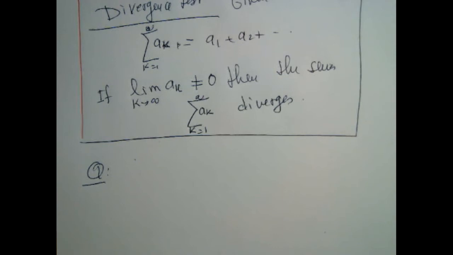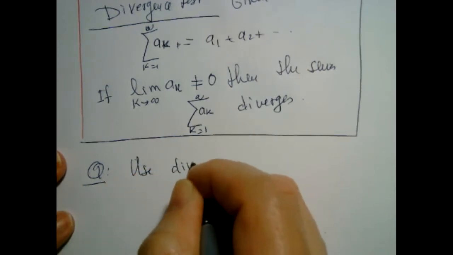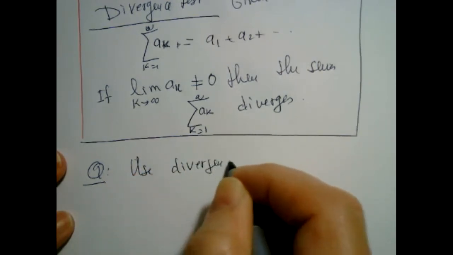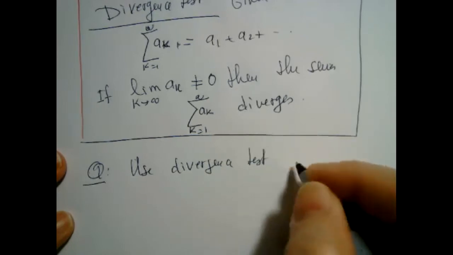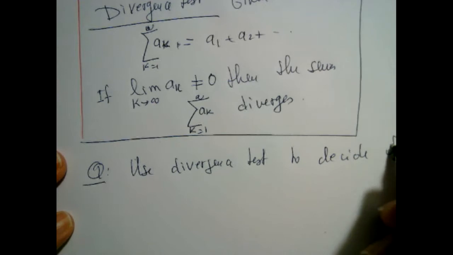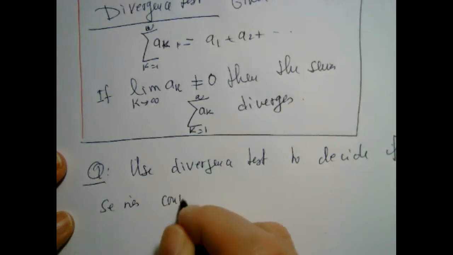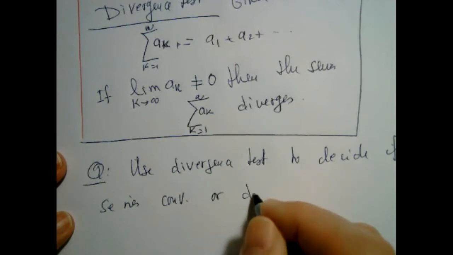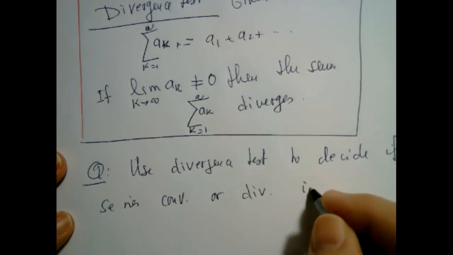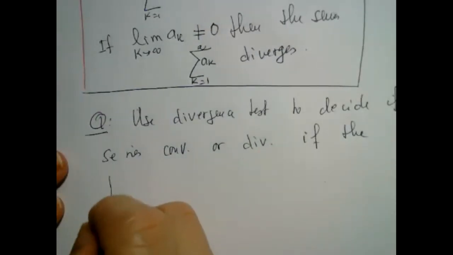If the divergence test is inconclusive, state so. If the test is inconclusive, and we'll make clear what I mean by that, state so.